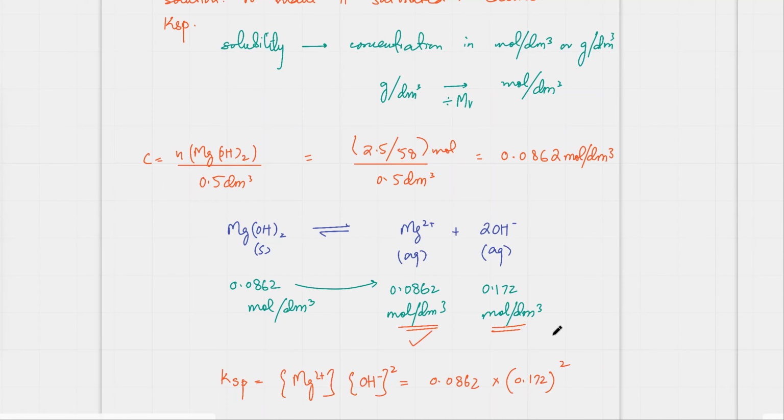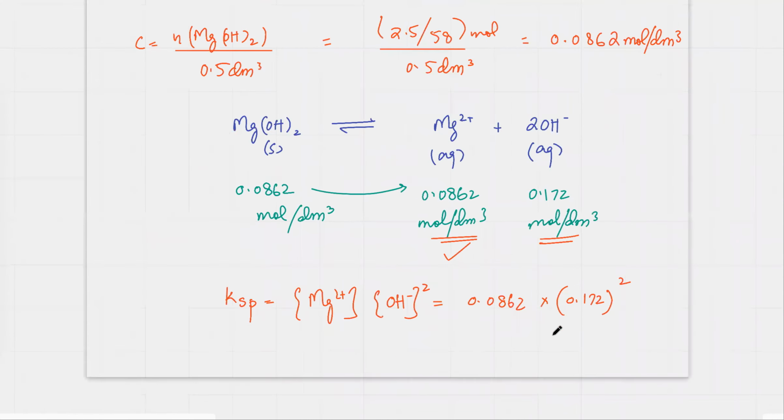Yes, sir. So find the value. What is Ksp? I get 2.55 times 10 to the power minus 3.